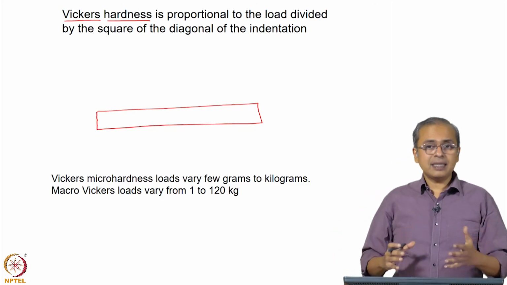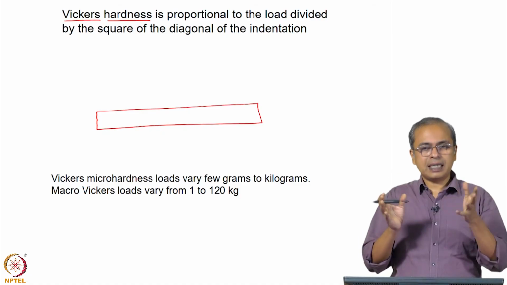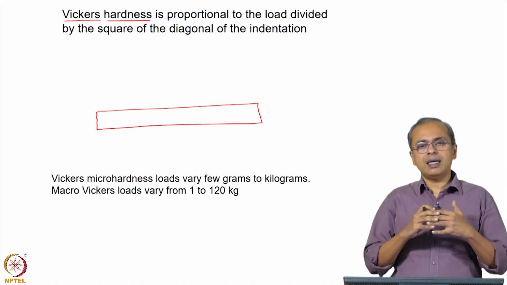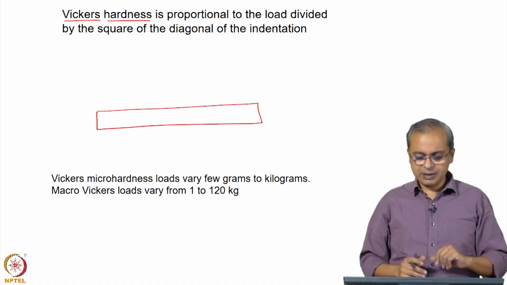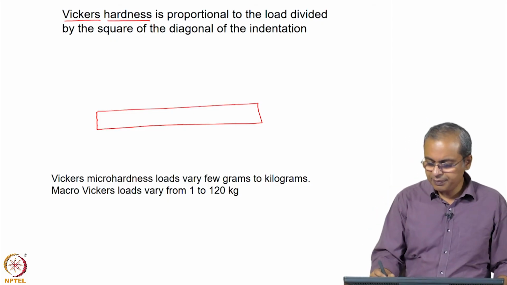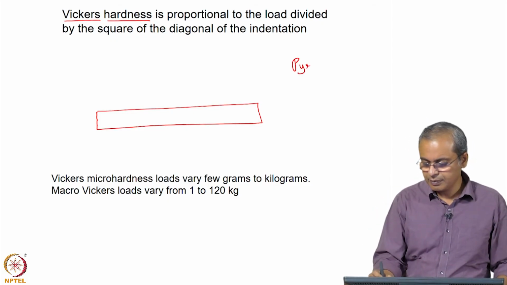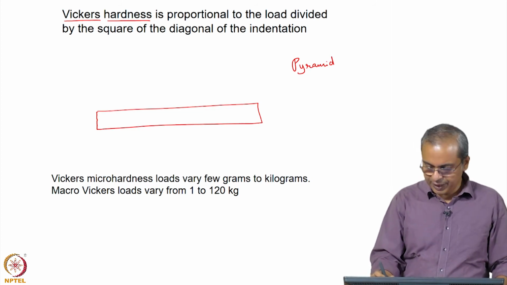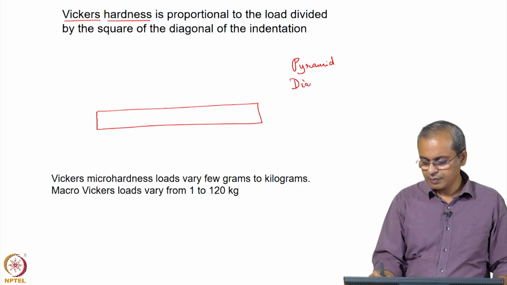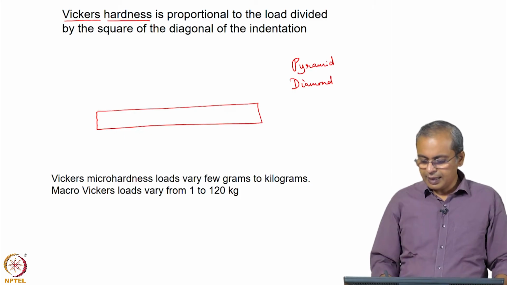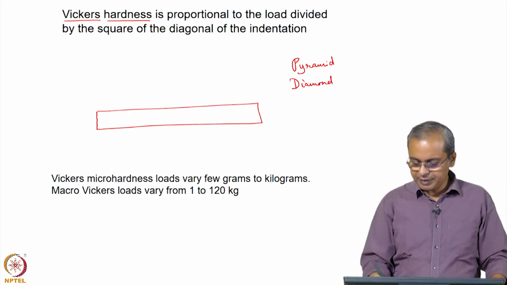To standardize it, the shape of the sharp object is fixed, and the material it is made of is also fixed. So, typically it is a pyramid made of diamond, and its angle will be something like this.